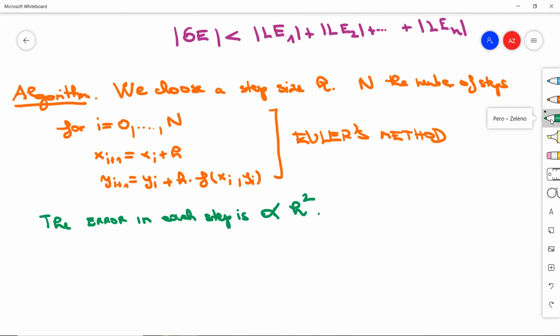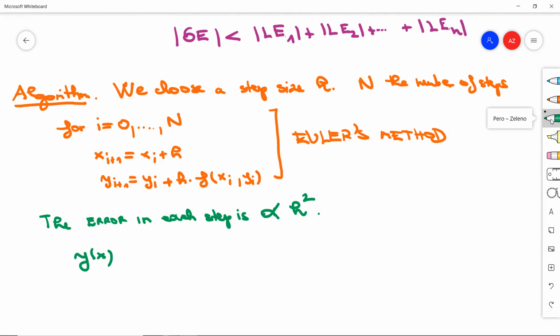Because we forget about all terms in the Taylor expansion of our function from the second on. We are in fact searching for y. So we would like to find y, and we have y of x. Let's do a Taylor expansion.